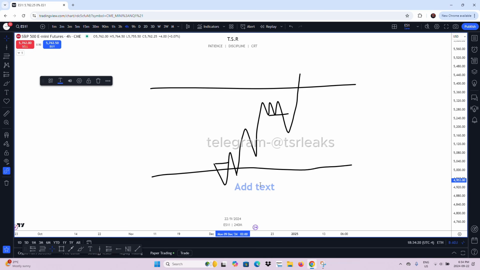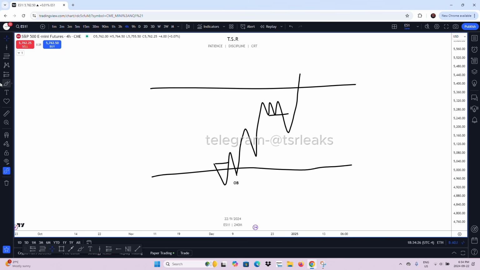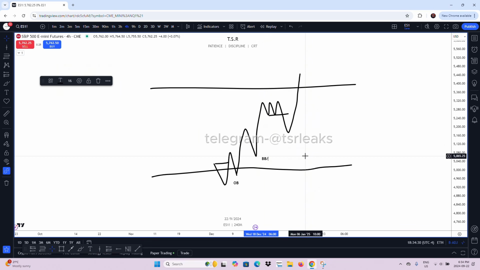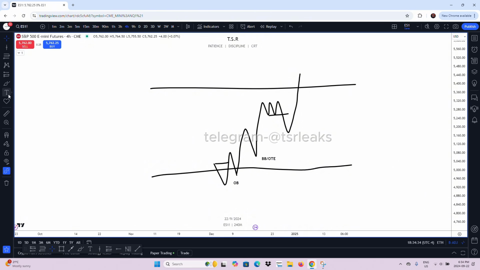We have the OB entry. Let me just make this smaller. We have the OB. We have the breaker block or OTE. Sometimes it can be both. And then we have the kiss of death, the KOD.